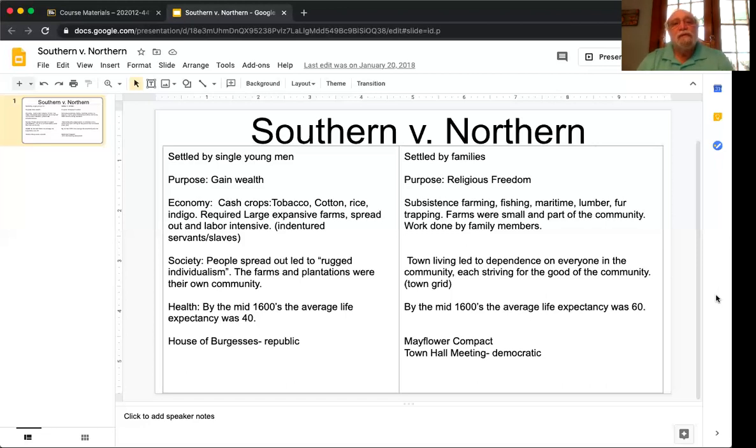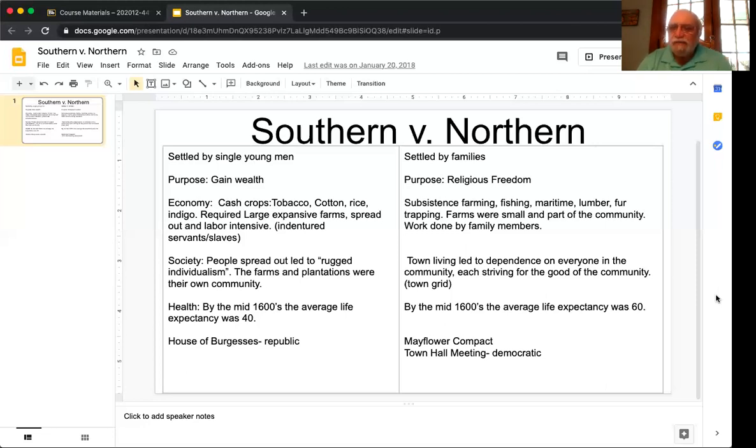So basically what you have here is a very unstable colony. You've got people who are out there purely for the money. It's dog eat dog. It's a very individualistic kind of society. Especially out in the western sections of the colonies, there were no churches, there were no governments per se. The governments were way far east, like in Jamestown, and they're out in the western sections of Virginia.